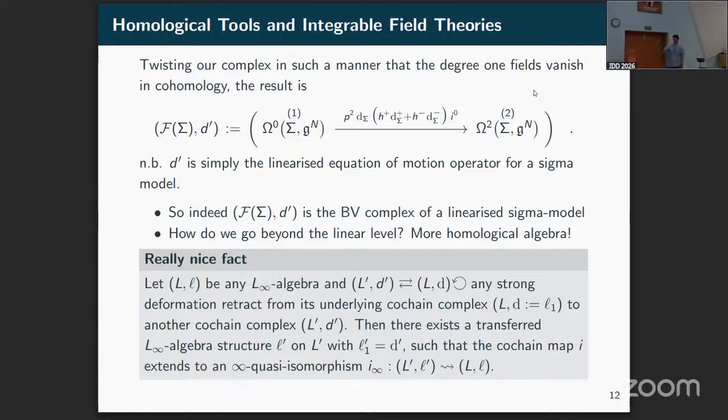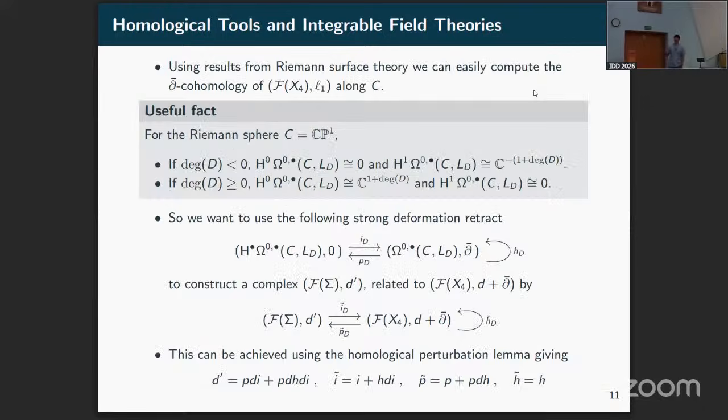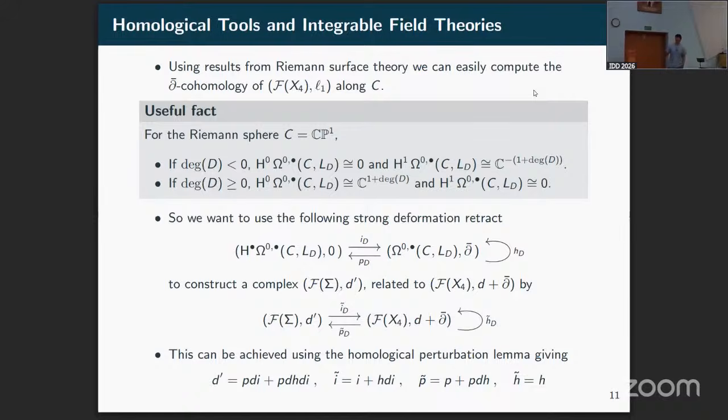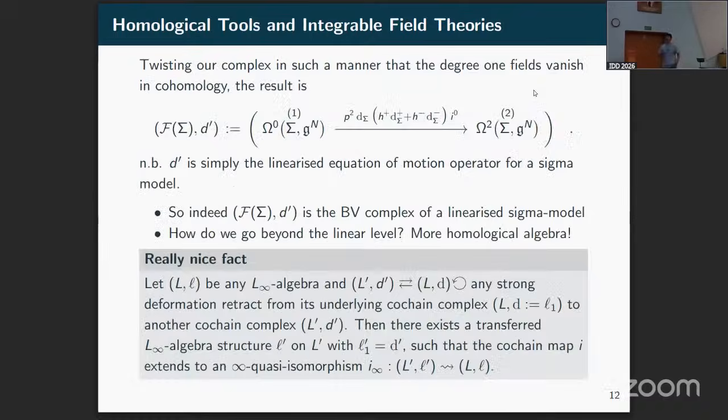So basically what this is saying is that D prime on the new complex is a linearized equation of motion for a sigma model, essentially. You can see it has the right form of a wave type equation. So basically we found that this strong deformation retract using the homological perturbation lemma indeed gives you a sigma model, at least at the linear level.